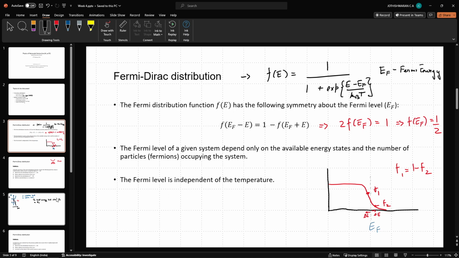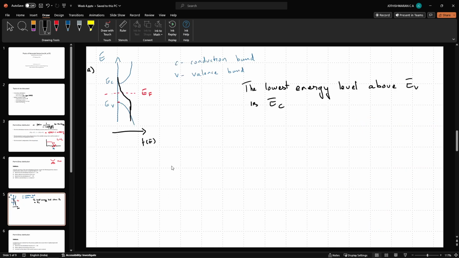So that is exactly why I covered these concepts before starting off with this problem. So roughly it is going to look like this, and again about this line the symmetry property will be followed. And so I will write the value of EF here. So EF for this case will be EC plus EV by 2.